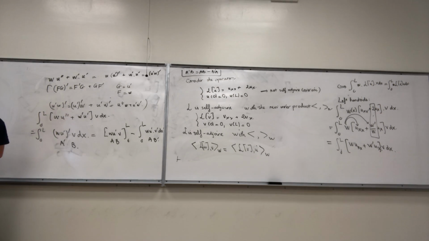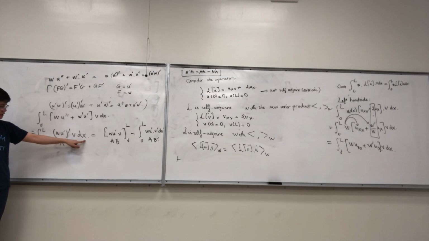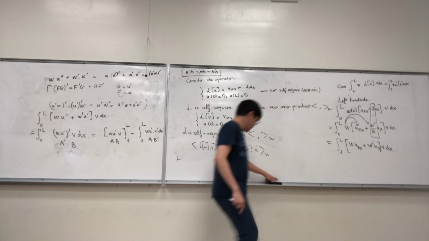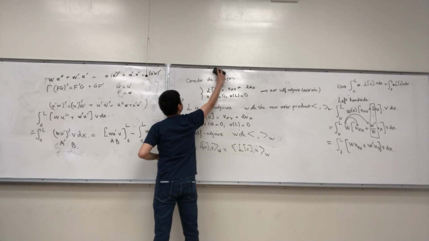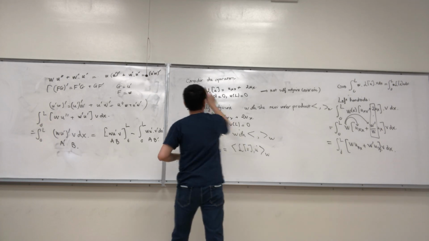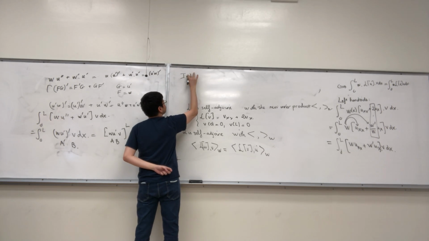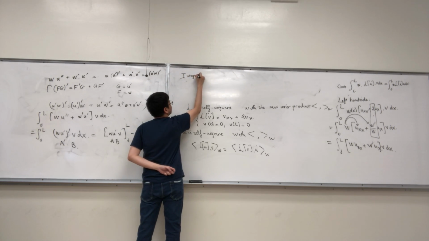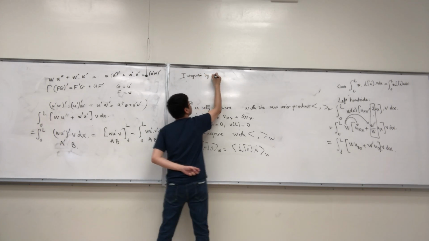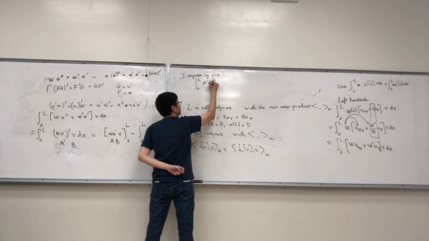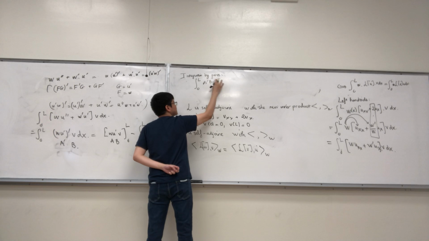Questions? Yes? What happens to the dx in the first part for the AB? Shouldn't there be a dx? No. So integration by parts is the following. You have the integral from 0 to L of A prime B dx, A and B being functions of x.